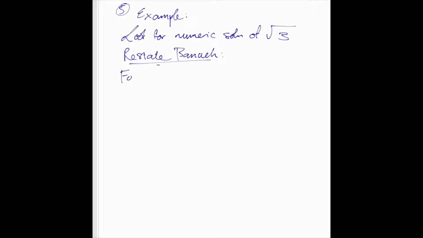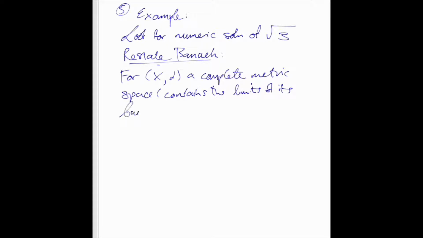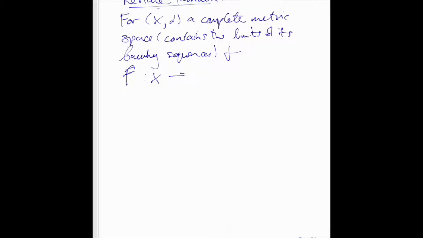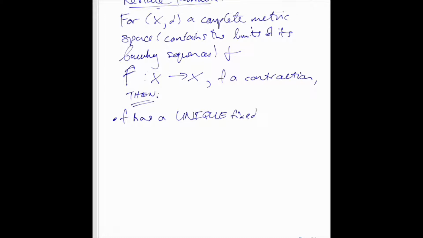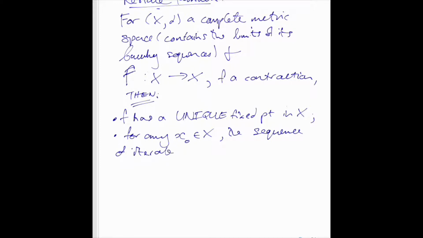This is for any complete metric space xd, i.e. a metric space which contains the limit of all its Cauchy sequences, and for a function f which maps x into itself, and where f is a contraction, then Banach's theorem says f has a unique fixed point, and for any x naught, which is initial value in x, the sequence of iterates x naught, f of x naught, f of f of x naught converges to the fixed point.